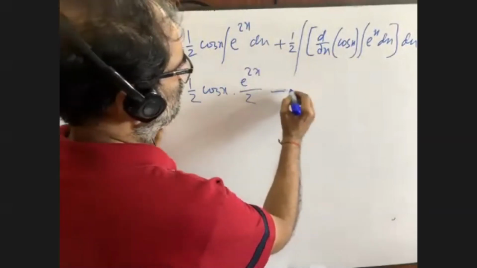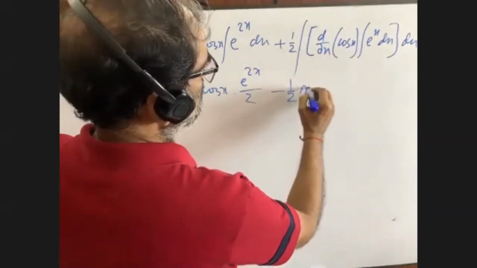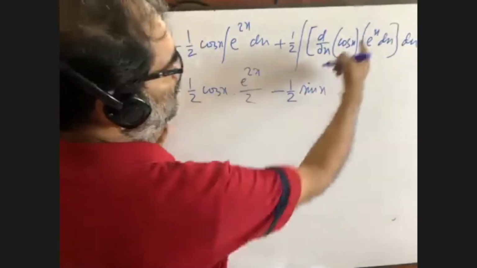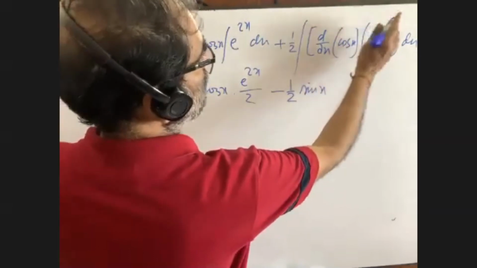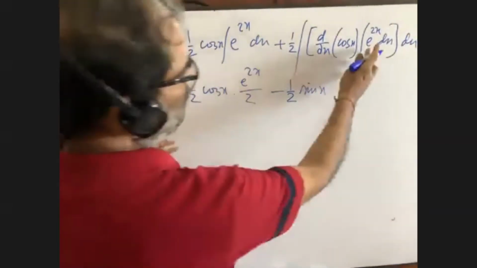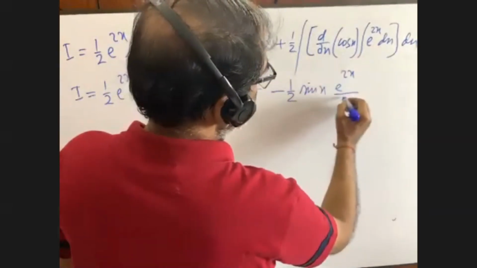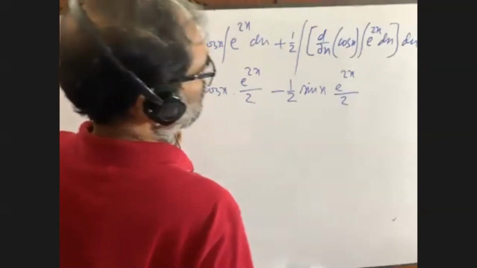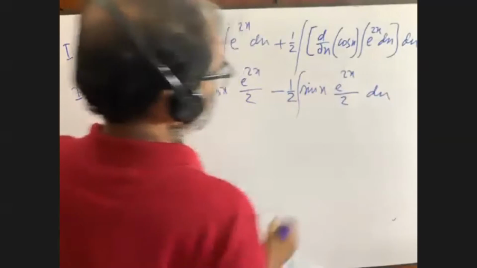Write down minus half sine x e to the power, oh, I'm sorry, it is e to the power 2x. Make it 2x. That means we have to write down here e to the power 2x. This is by 2. Okay. Is it integration sign dx?